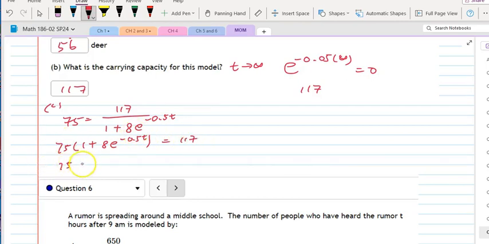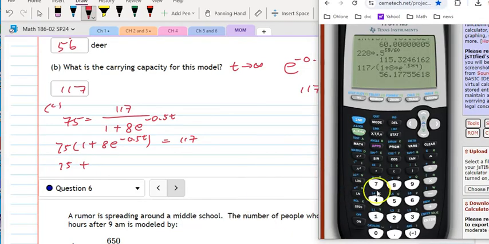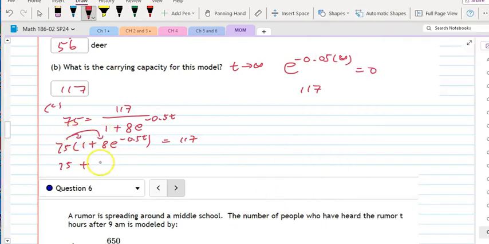Distribute: 75 plus 75 times 8. What is 75 times 8? Distribute, 600. So this is 75 plus 600 e to the negative 0.5 t, and is equal to 117. Okay, now minus 75 on both sides.